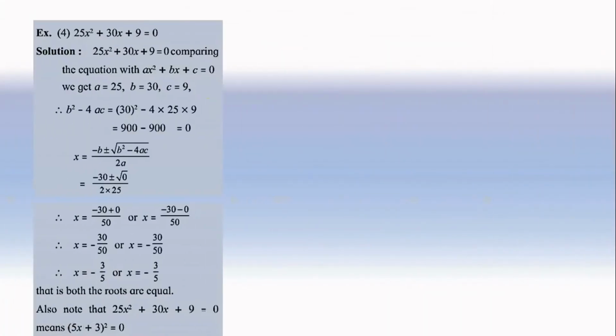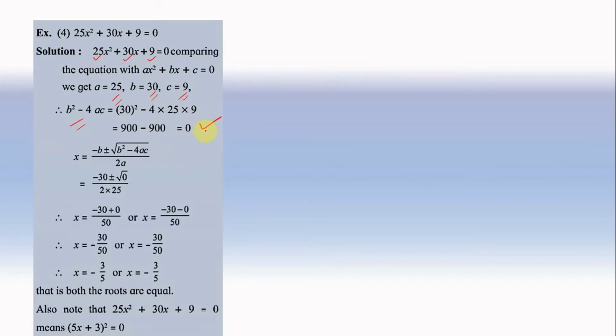This particular equation, 25x square plus 30x plus 9 is equal to 0. In this equation we know that a is equal to 25, b is equal to 30, c is equal to 9. Substituting it in b square minus 4ac, we get the answer 0.